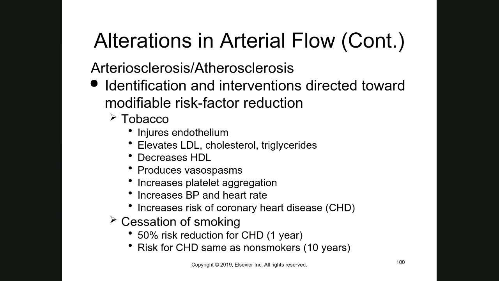I always like to ask you about the modifiable risk factors because, believe it or not, I have a bunch of you who still have some kind of problem with the risk factors.